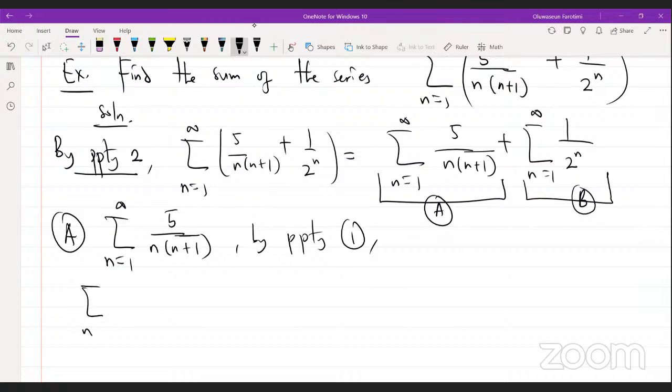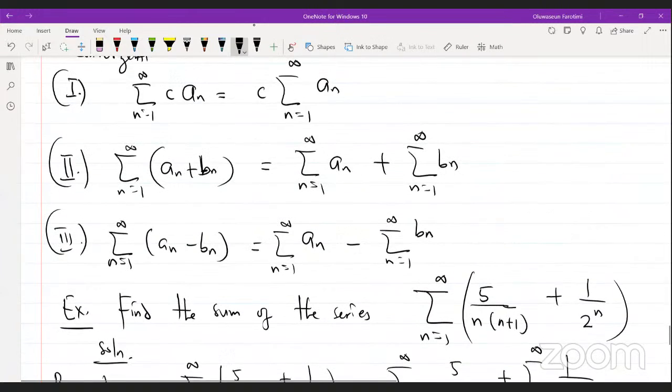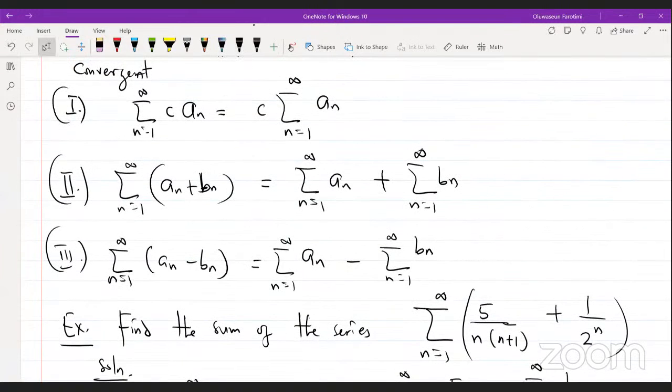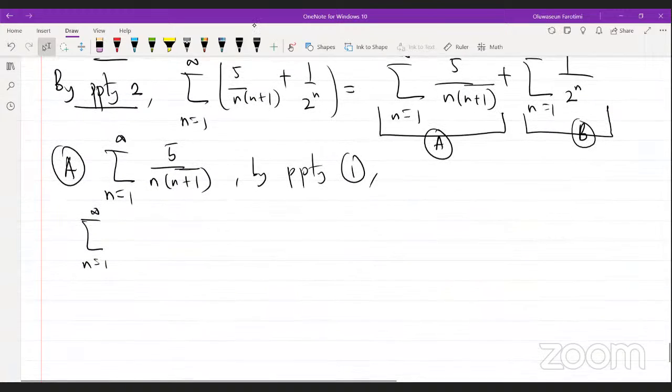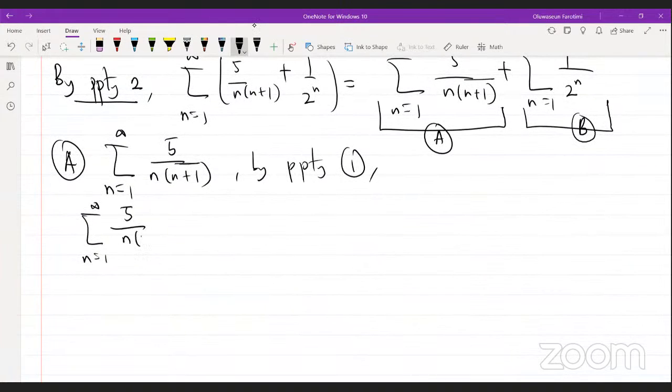You see, I can pull out the constant. This is going to be pull out your constant 5, the sum from n equals 1 to infinity of 1 divided by n(n+1). Now, this guy is a non-geometric series.